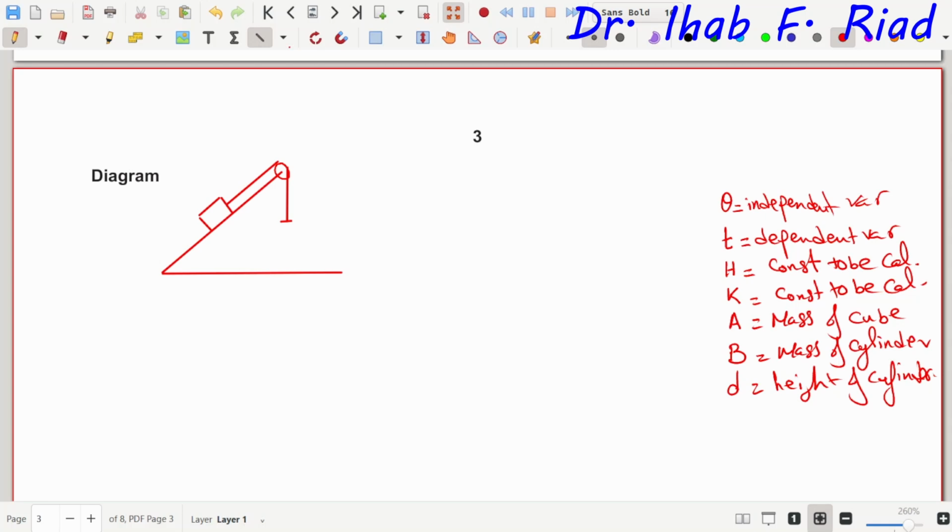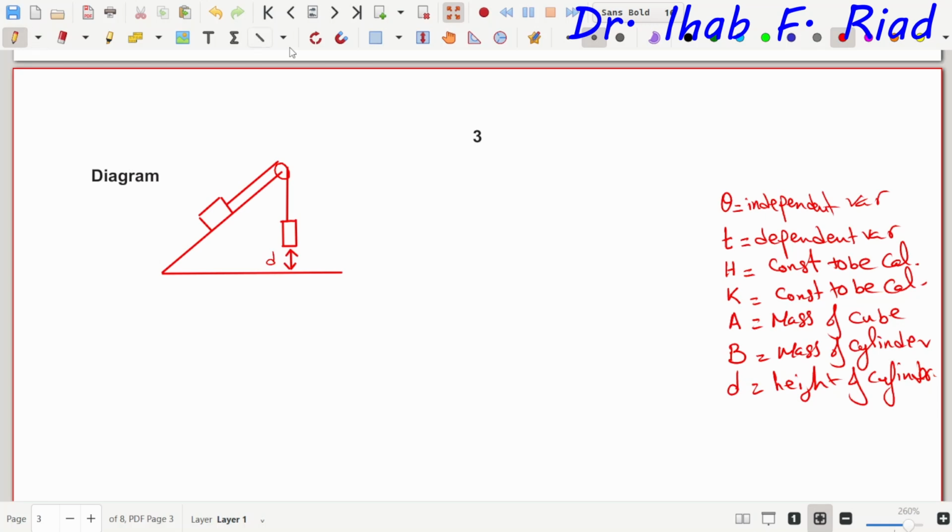This is the cylinder, and this is the distance D. How are we going to measure D?